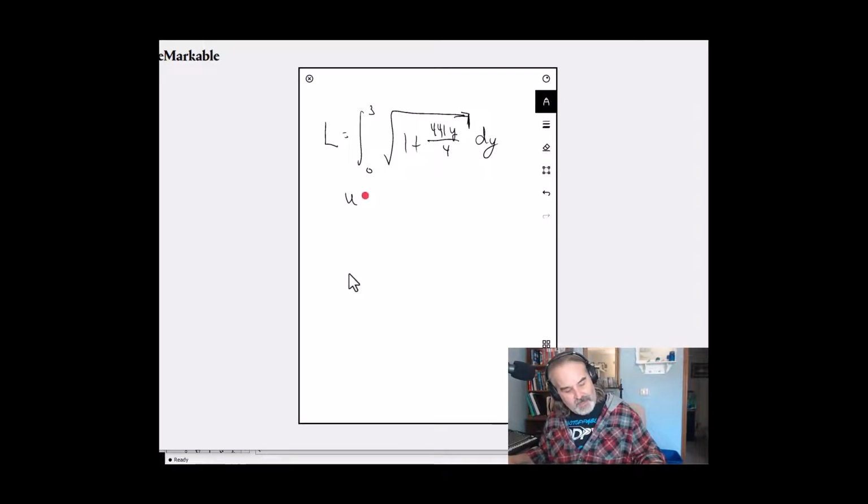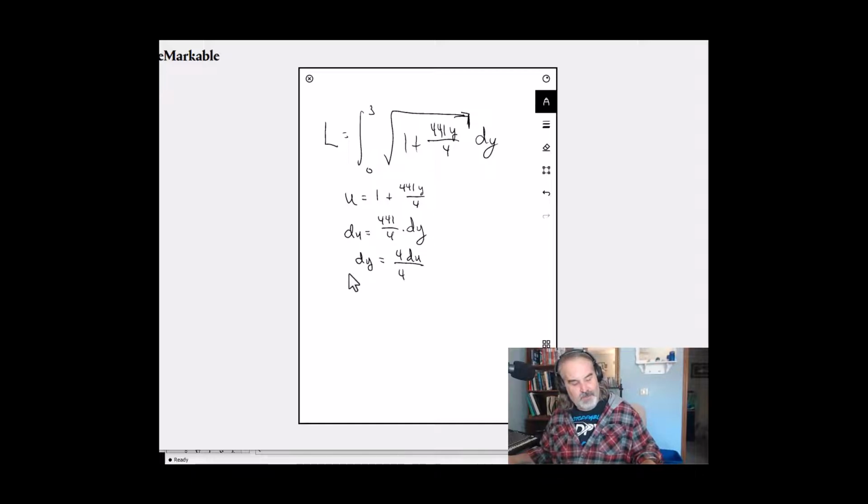We're going to make a u substitution. We're going to let u be the entire inside of that square root, which means that du is going to be 441 over 4 dy, or dy is going to be 4 du over 441.